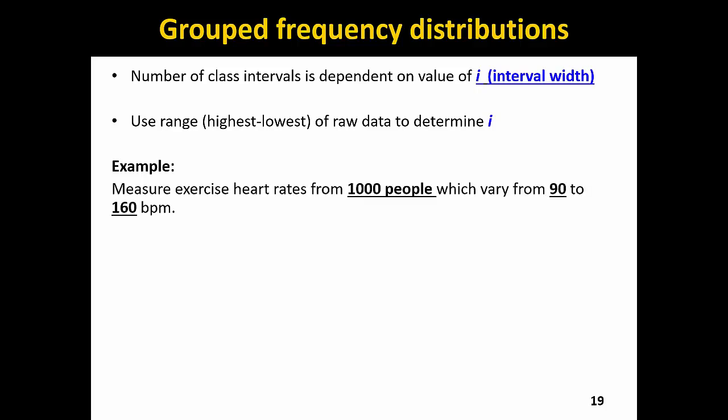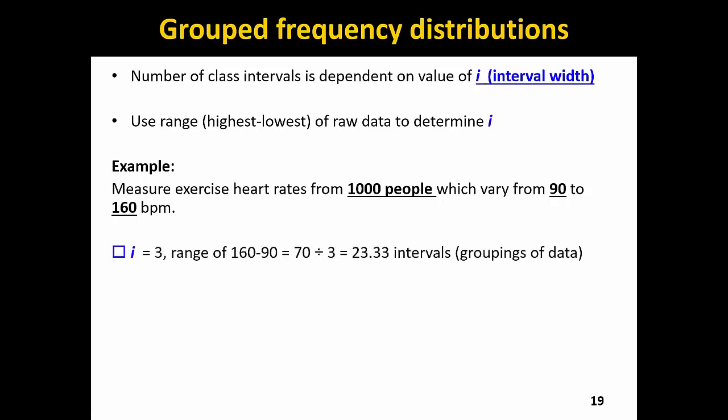As an example, let's imagine in a fitness facility, the heart rates of 1,000 people that exercise, and it varied from 90 to 160 beats per minute.